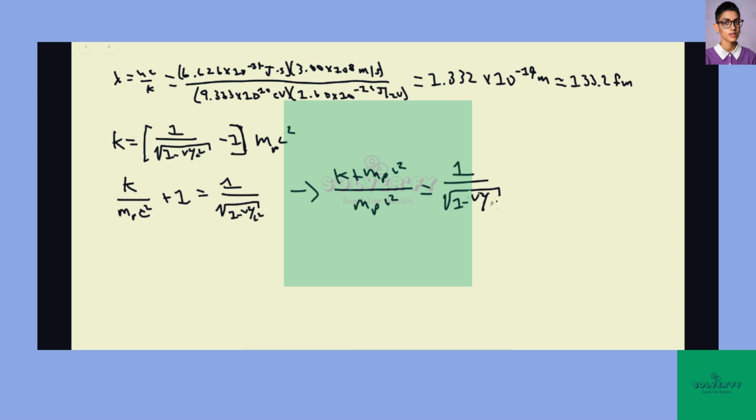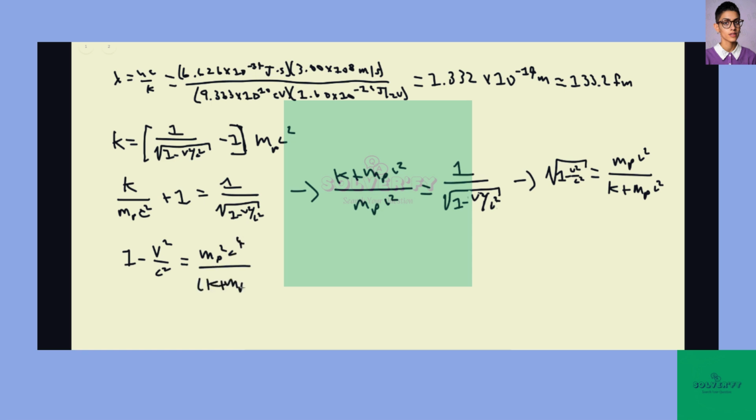All right, so the square root of 1 minus v squared over c squared is equal to mpc squared over k plus mpc squared. Now we square both sides. So 1 minus v squared over c squared is equal to mp squared c to the 4th over k plus mpc squared, squared.